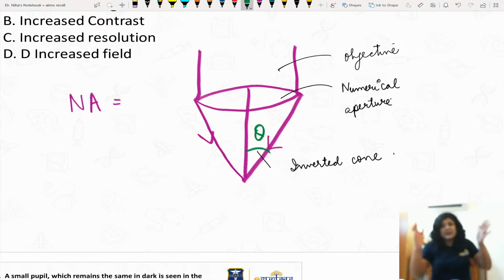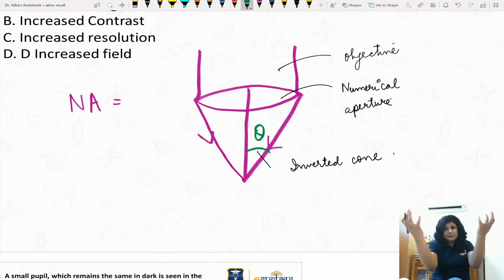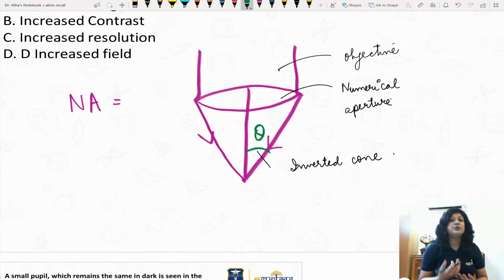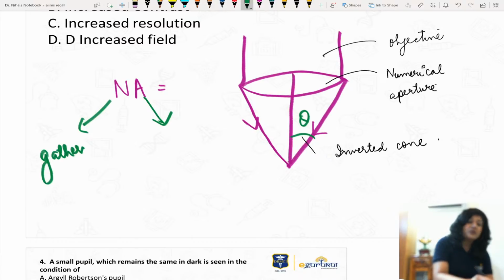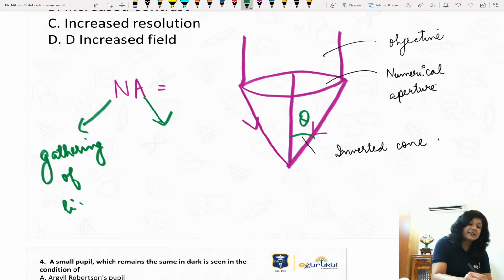So if the aperture is more, obviously more light will come and you will have better resolution. Basically, numerical aperture depends upon two things. Number one, the gathering of the light, how much light is entering inside it, and second, what will be the resolution.